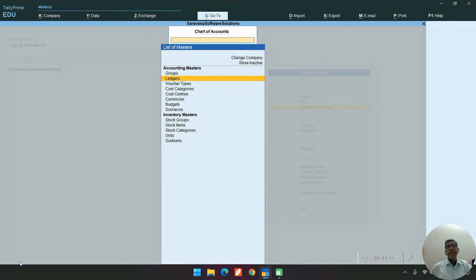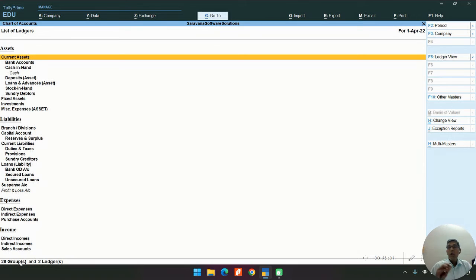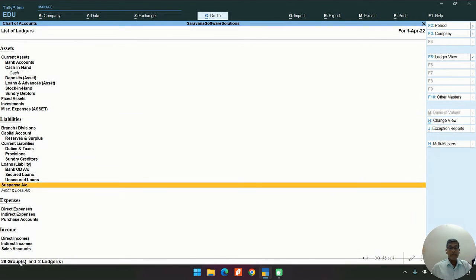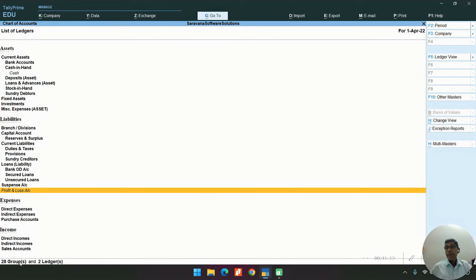Similarly, ledgers. As I mentioned, Tally has two predefined ledgers. One is cash, and the second is the profit and loss account. Apart from that, whatever ledgers we need, we are supposed to create based on my company's transactions.